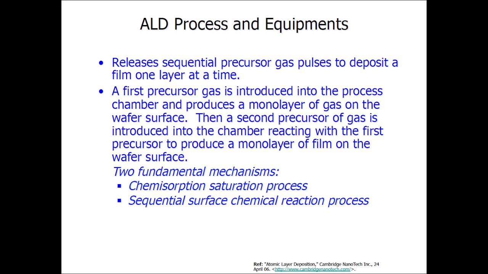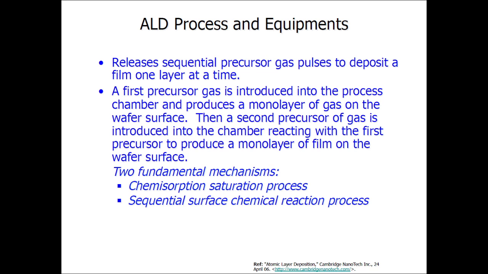As the first precursor, we introduce the gas into the precursor chamber and produce a monolayer of gas on the wafer surface. Then we introduce the second precursor gas to the chamber, which reacts with the first precursor to produce a monolayer of the film on the wafer substrate.